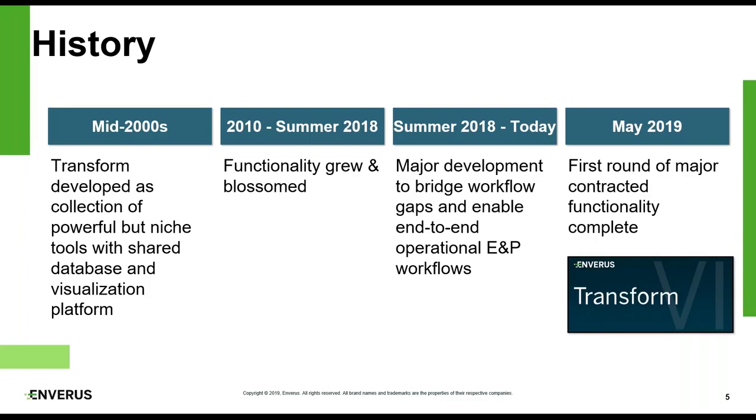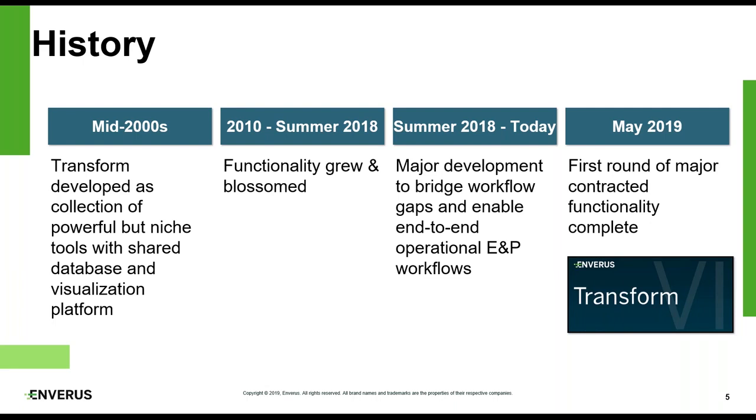And along with that came a big development effort and partnership with this E&P to develop out Transform and take some of those powerful but niche tools and build workflows between them, fill things out, and really make it quite an expansive piece of software to really allow asset teams to work end to end.